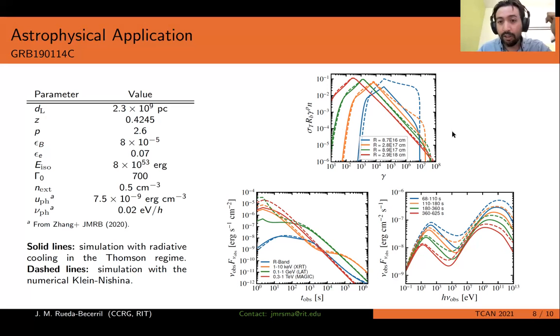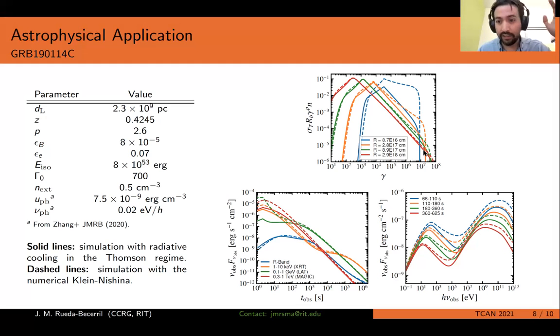In the solid lines, we can see the evolution considering only the Thomson regime, while the dashed lines correspond to the same configuration, but with the cooling considering the Klein-Nishina corrections.